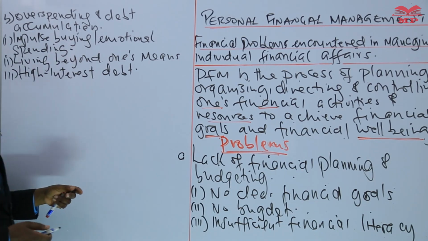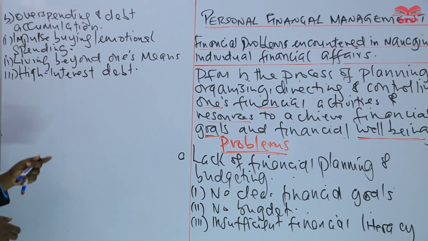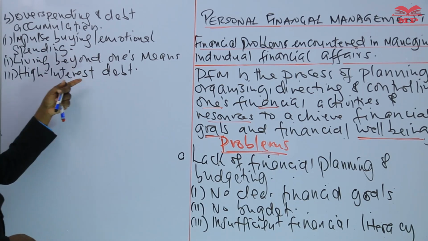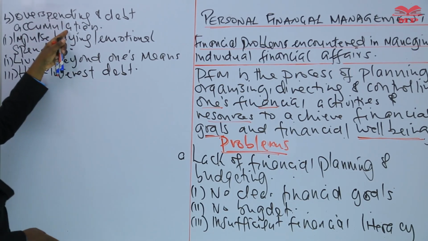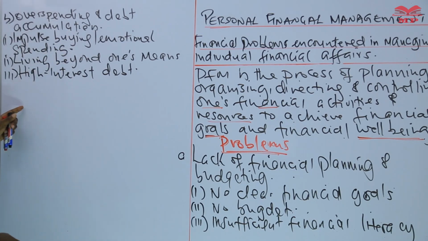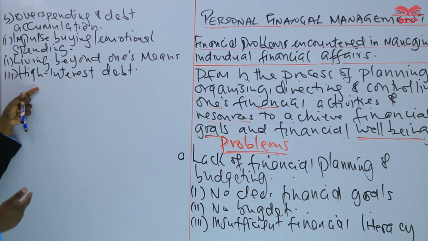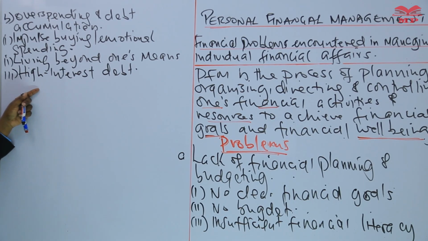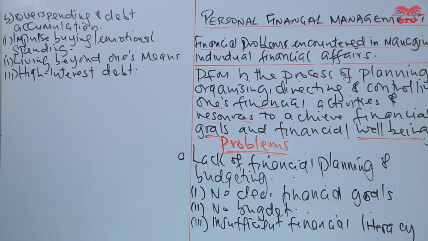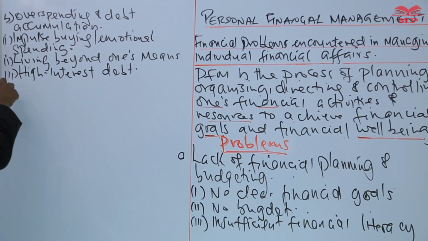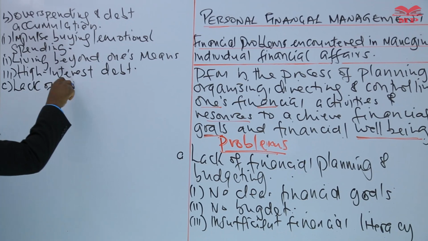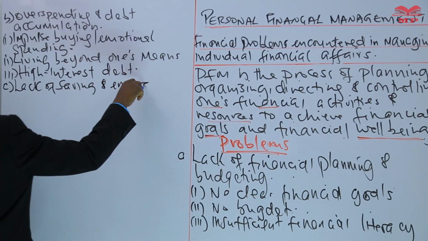Individuals should avoid high interest debt, because that can lead to accumulation of debts. Individuals may have hardships servicing the debts, right? It can lead to difficulties in managing the debt and can significantly impact financial goals.